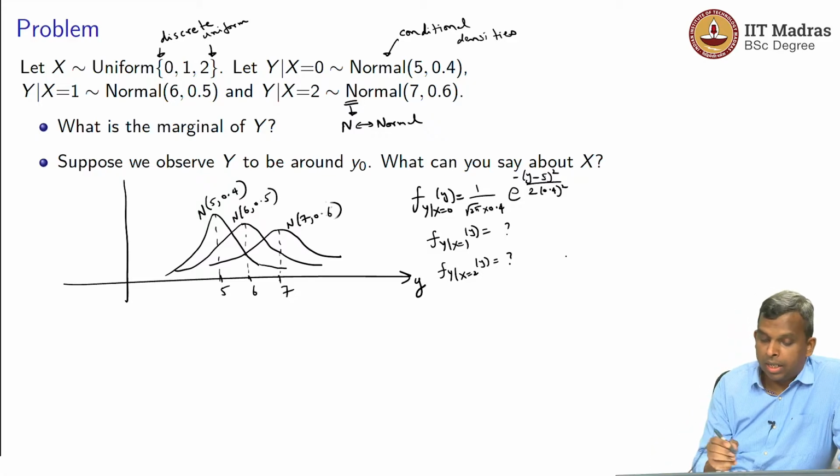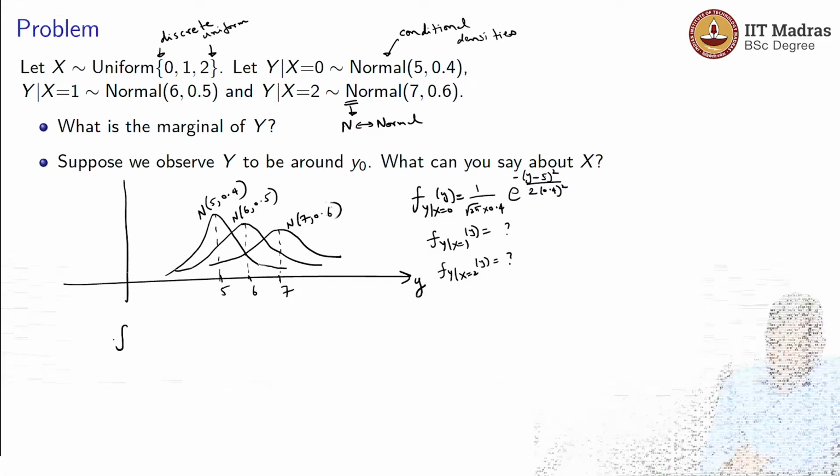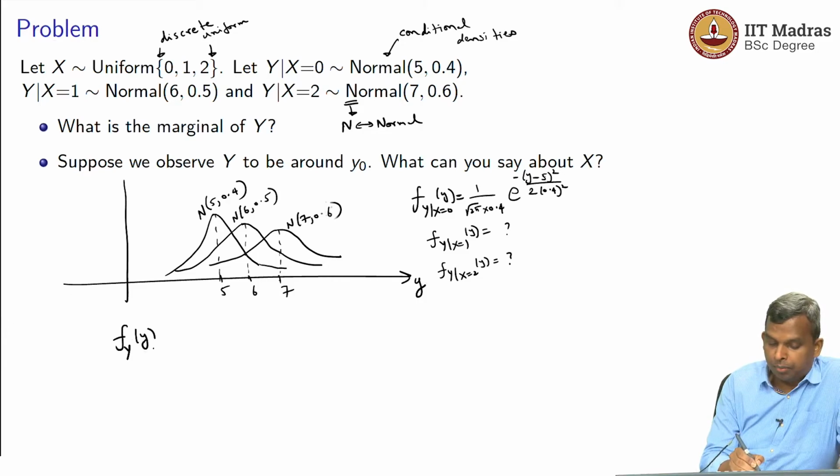Now I'll write the distribution for Y. This is the sum over every value of x in the range of X, which is 0, 1, and 2. The probability that X takes value 0 is 1 by 3, since it's uniform.